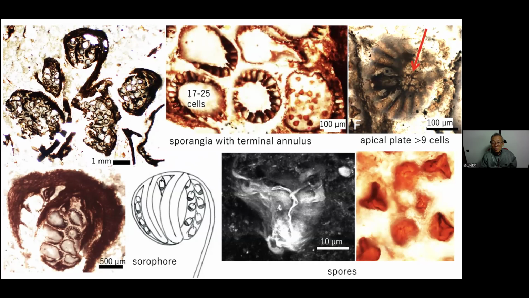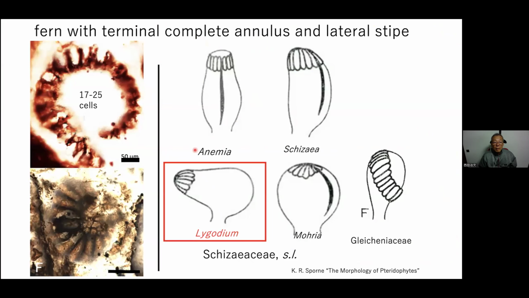And the preservation is not always so good, but the tetrahedral spores have a rather smooth surface. And the terminal capsules are also shown.